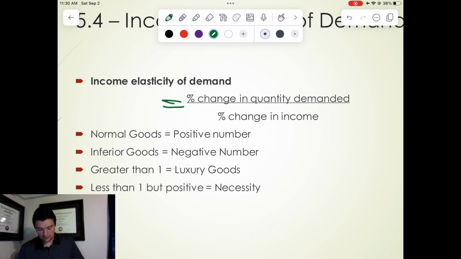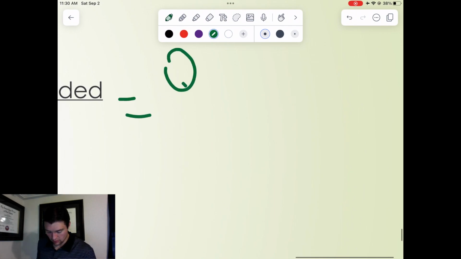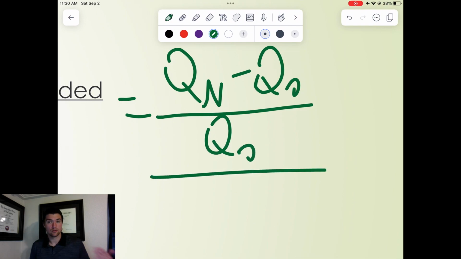Okay? So all we're going to do is the percent change in quantity. As you know, it's new minus old divided by old. So that never changes. Okay? Quantity will always be on top.